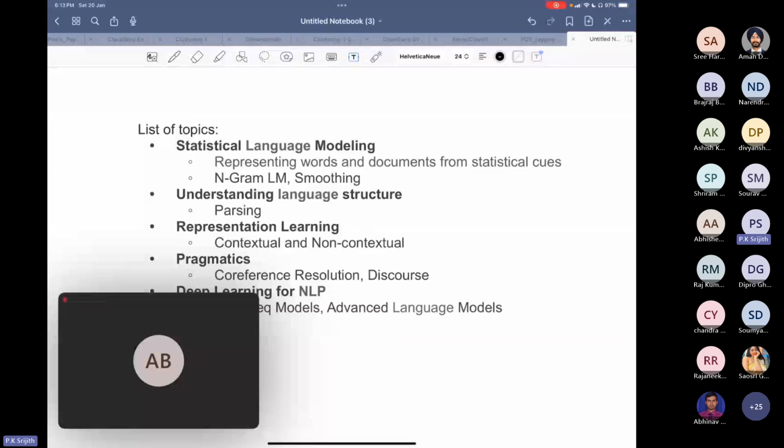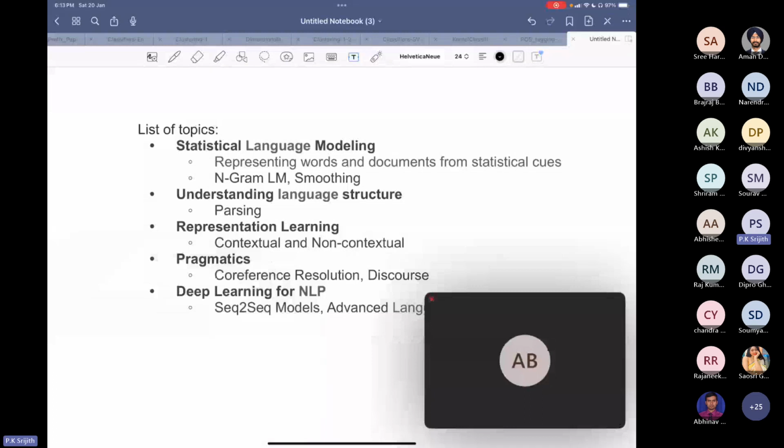And you'll also be taught how to represent these words and documents using distributed representations obtained by training some neural network. Some of the major problems in NLP are all sequence labeling problems.